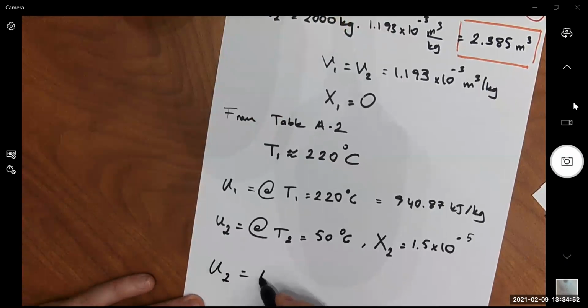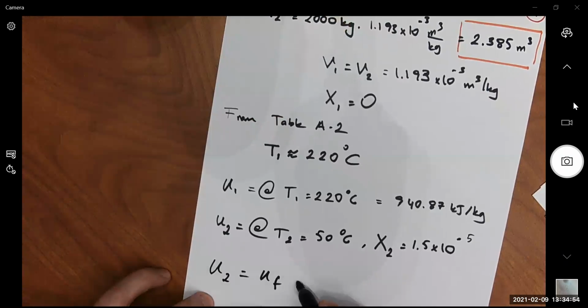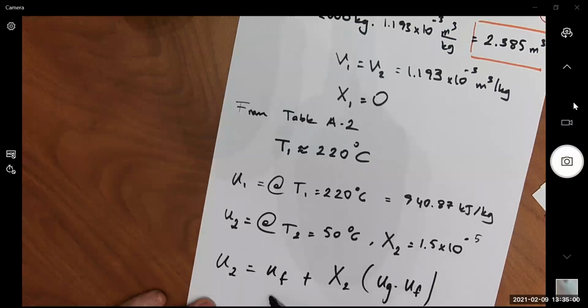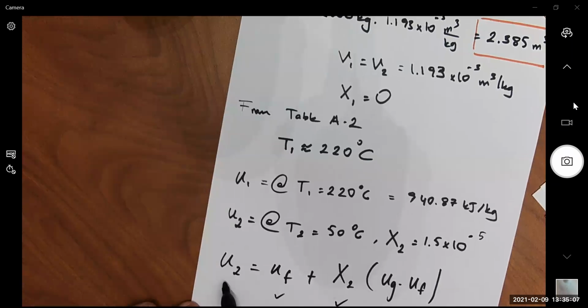U2 will be Uf plus X2 times (Ug minus Uf). I know my Uf, I know my X2, I know my Ug and Uf, so I can find my U2.